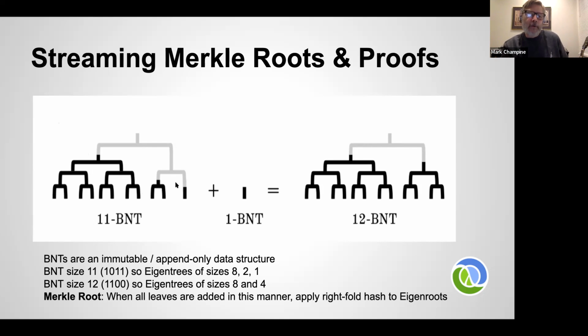And so we only have to do rehashing and calculation of anything that is within the path from the leaf of interest up to the root. So yeah, exactly right. You only have to store n log n or so leaves in memory at a time, plus whatever space their hashes take up.